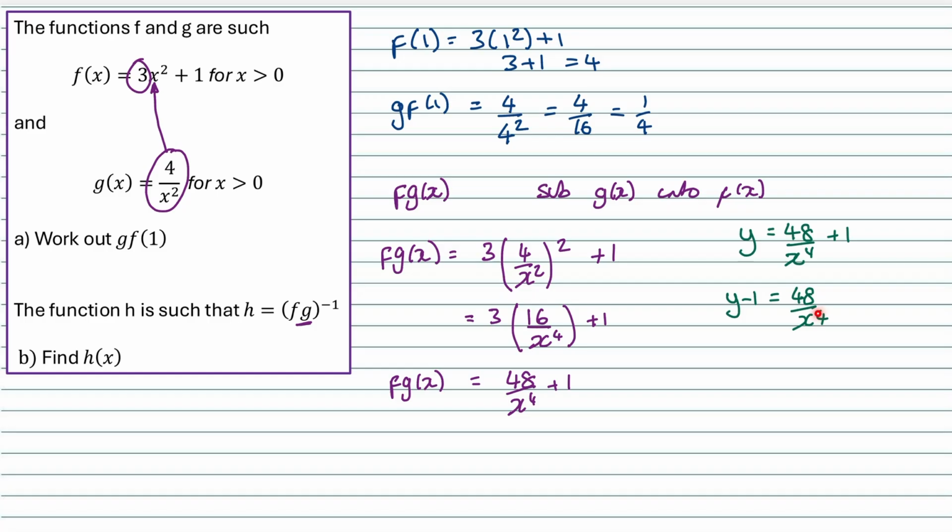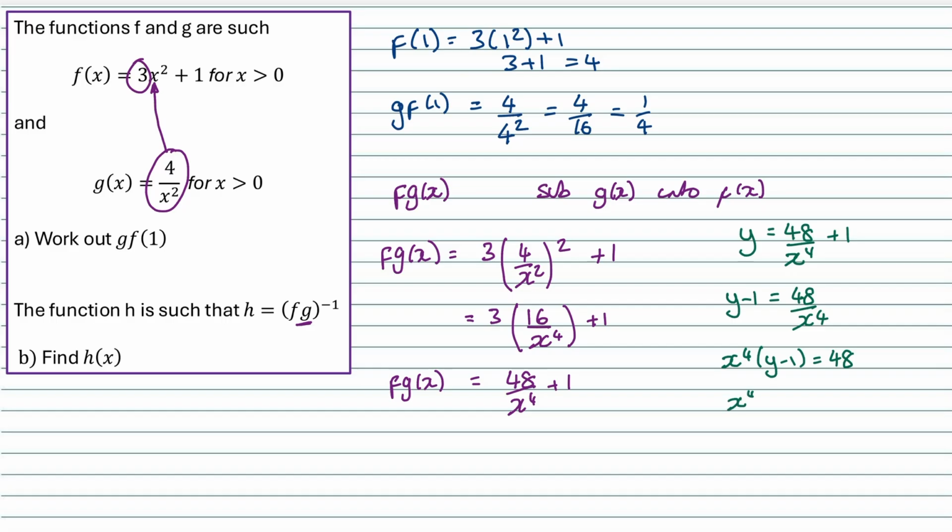And now I'm going to move this division to the left-hand side by multiplying both sides by x to the 4. So we'll have x to the 4 multiplied by y minus 1, and this will give us 48. Now, because we want to make x the subject, I'm going to move this term over to the right-hand side.